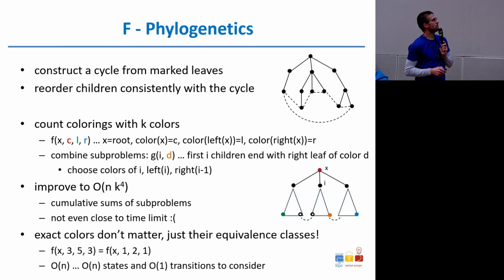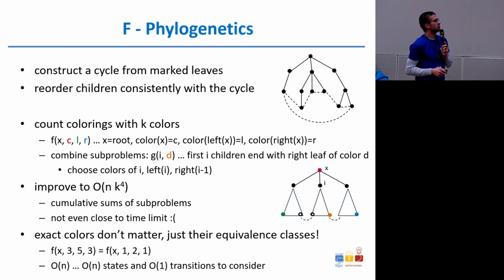How do we do this? We'll have to combine some subproblems. So how to color the first i children so that they will end with the right leaf of color D. In this case, if I'm interested in how to color this subtree of X so that the leftmost leaf is green and the rightmost is blue, I'll be recursively solving the problems for all of its subtrees and then combining these results.